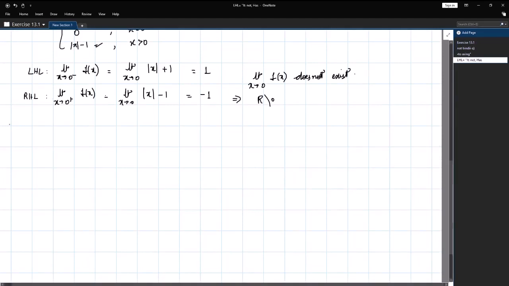Question number 31. Given that limit x tends to 1 of f of x minus 2 divided by x square minus 1 is equal to pi. This is given. What we have to find is limit x tends to 1 of f of x.